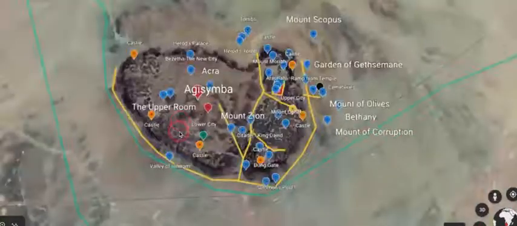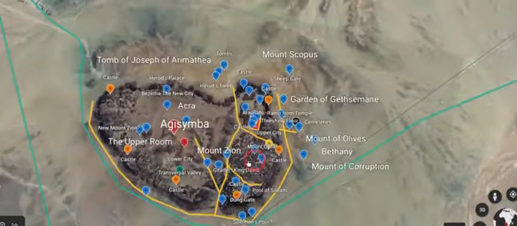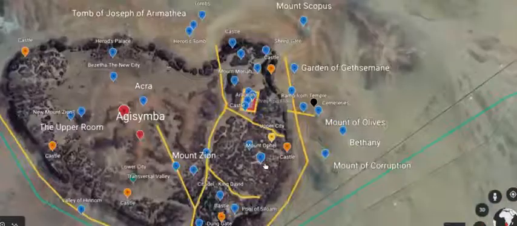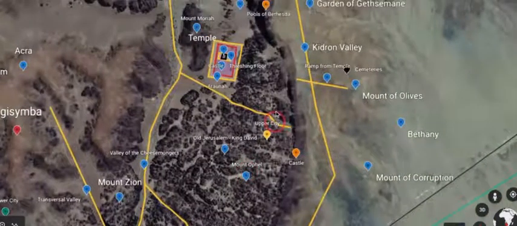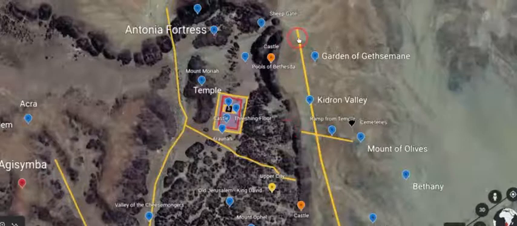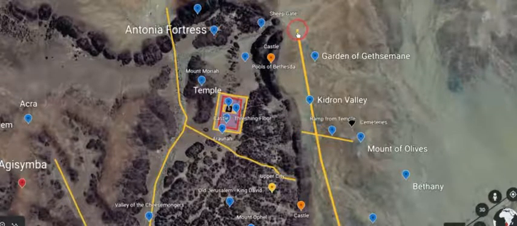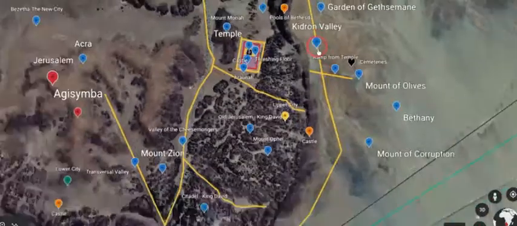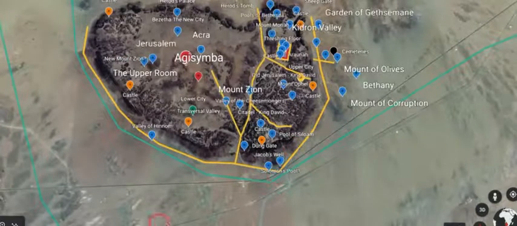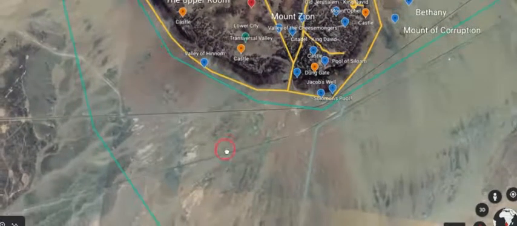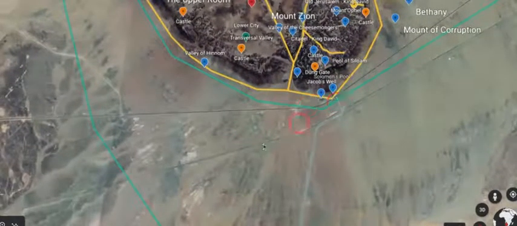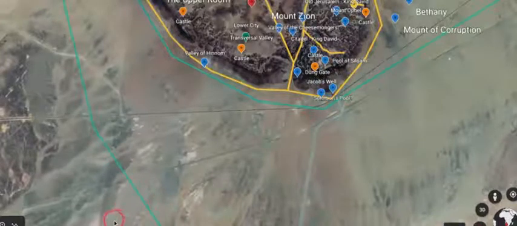Now Jerusalem has three main valleys. The first valley runs along the east wall. This is called the Kidron Valley, and it runs from there all the way to the Dead Sea. Now we cannot see the course that the Kidron Valley takes all the way to the Dead Sea due to the satellite.